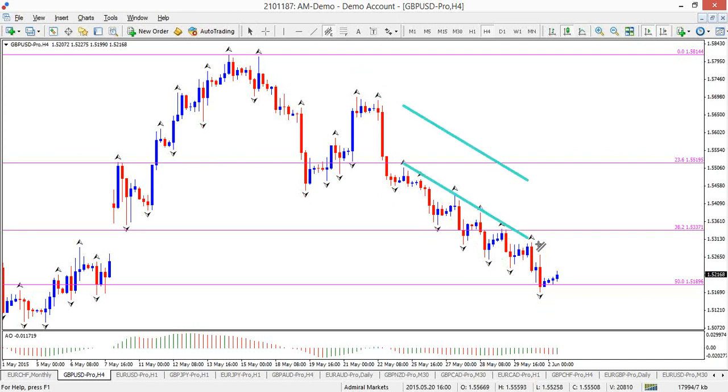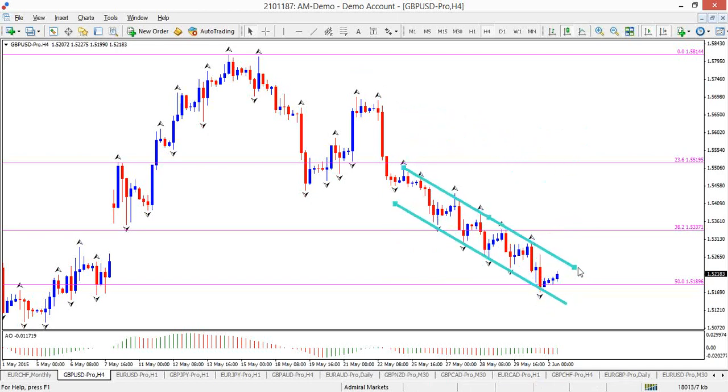In this case, we also have a very nice channel like this. Alrighty. So will this channel continue? If yes, then we'll probably see a fall down to the 61.8 fib.